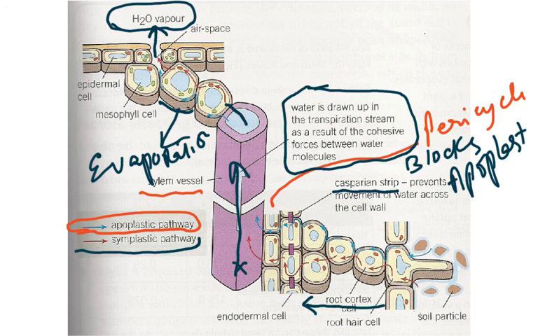Transpiration is the movement of water vapor out of the leaf through the stomata. First evaporation at the surface of the mesophyll cells, and then the movement of water vapor out of the leaf through the stomata.